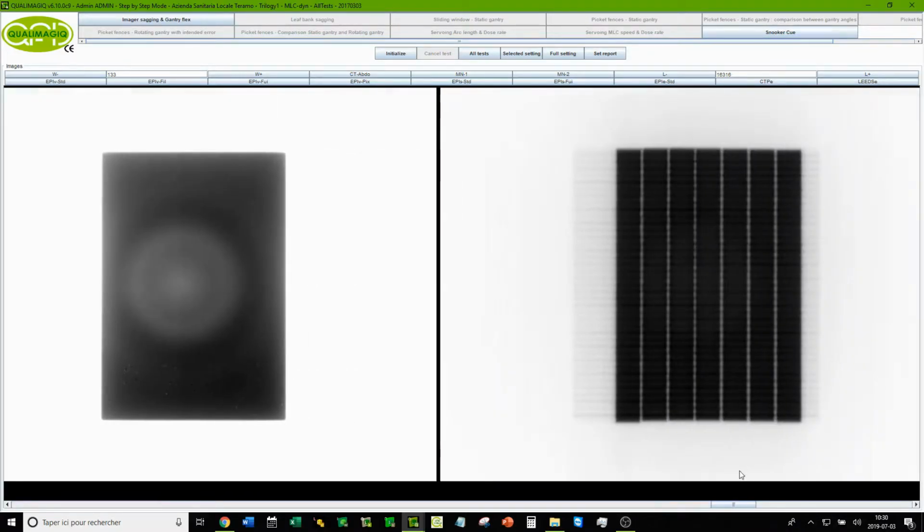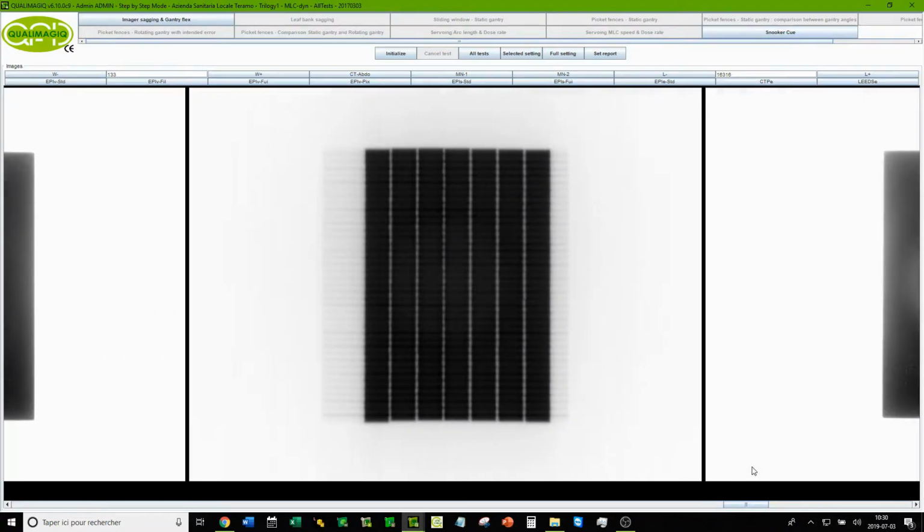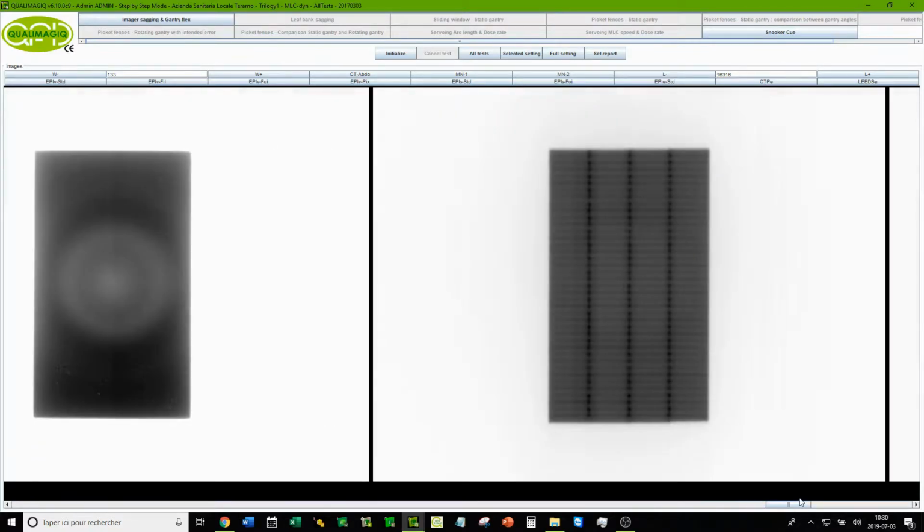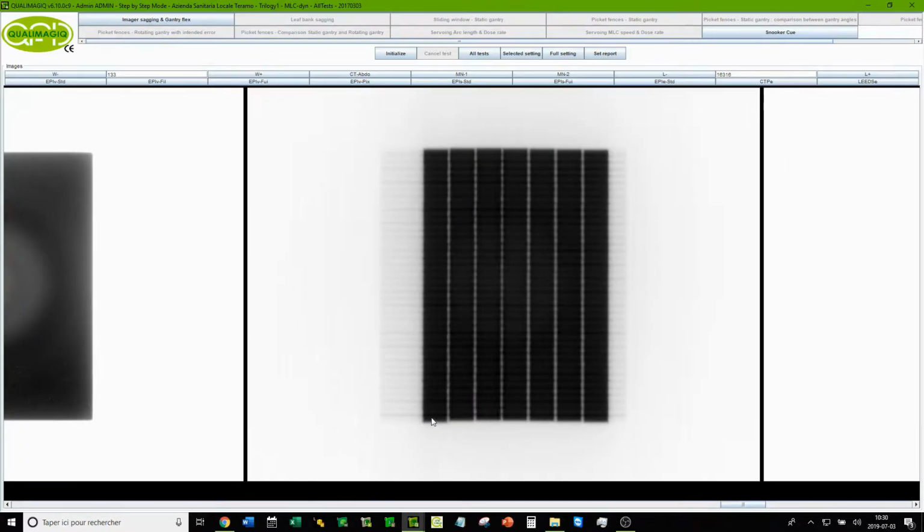The other 2 tests consist in controlling the servoing between dose rate and the gantry speed. As you are aware, in VMAT treatment, the LINAC continually adjusts the dose rate according to gantry speed and also adjusts the dose rate according to leaf speed. 7 different gantry speeds are tested here, and for each radiation band the same dose was prescribed.